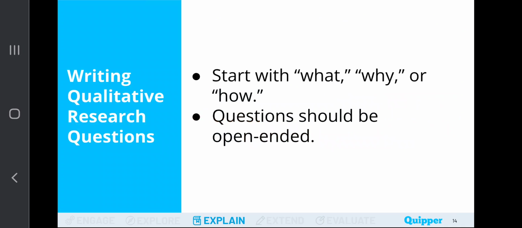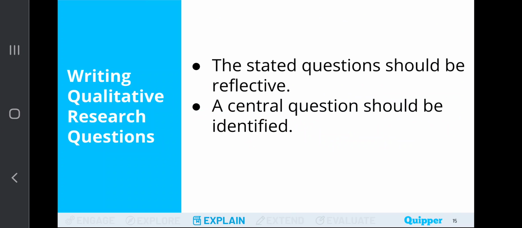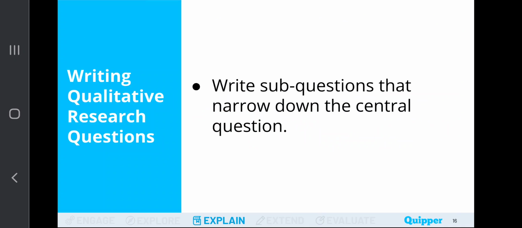Now, in writing qualitative research questions, we always start with what, why, or how. These questions should be open-ended. These stated questions should be reflective. Now, a central question should be identified as well. Writing sub-questions that narrow down the central question is necessary.